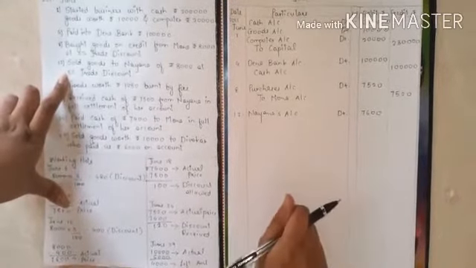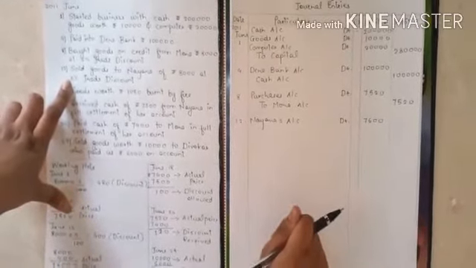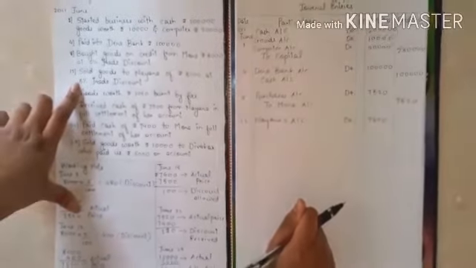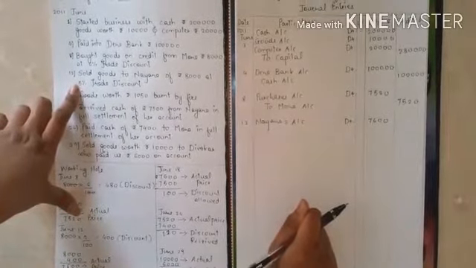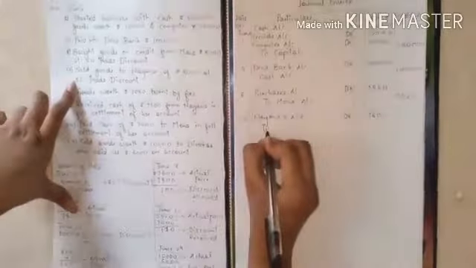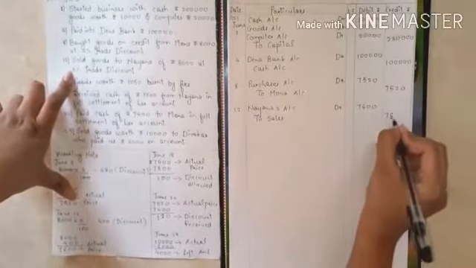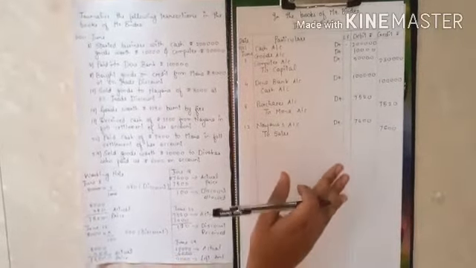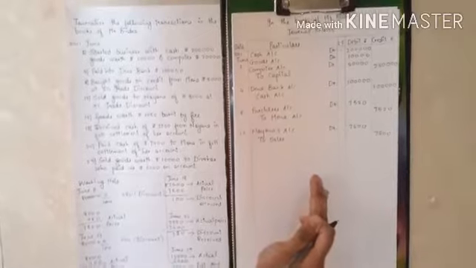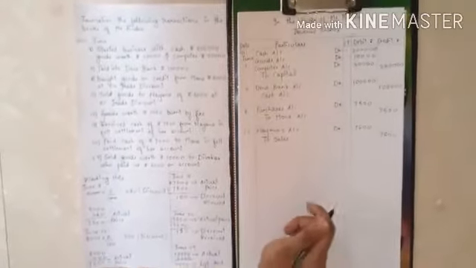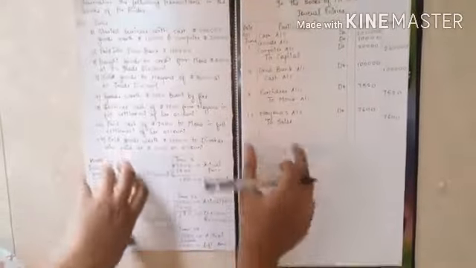What we have made? Sales. Now sales is a nominal account and it is a gain for Mr. Bindra, so sales account is going to get the credit effect, 7,600.